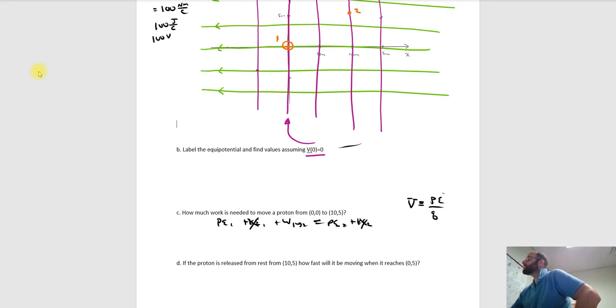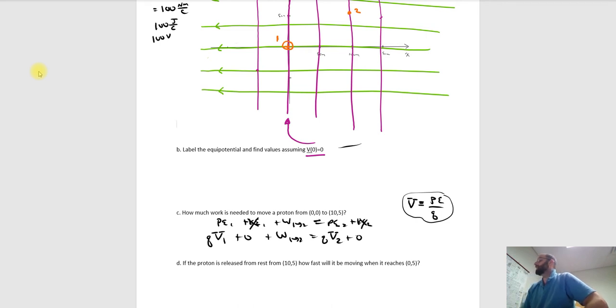So if you do a slight rearrangement of this, PE1 can be written as charge times potential 1. PE2 can be written as charge times potential 2. And again, I'm just setting those kinetic energies to 0.